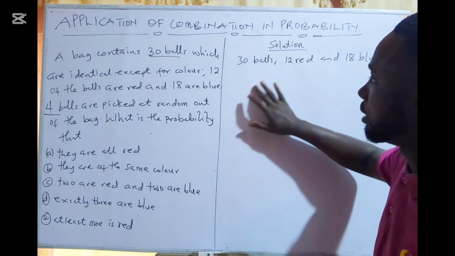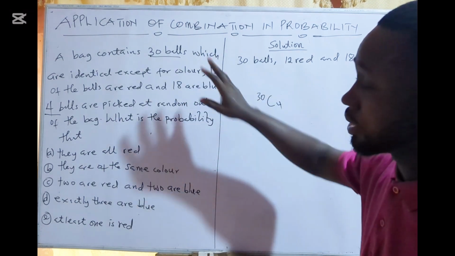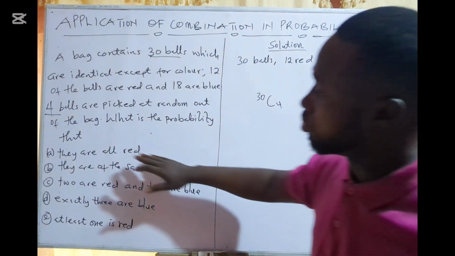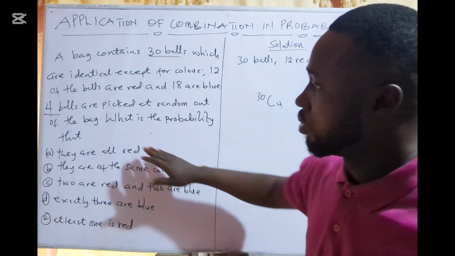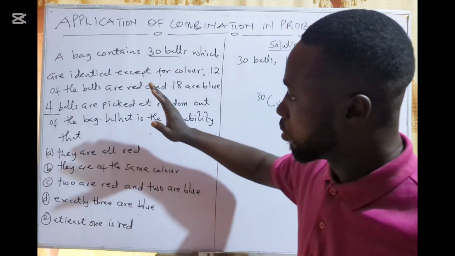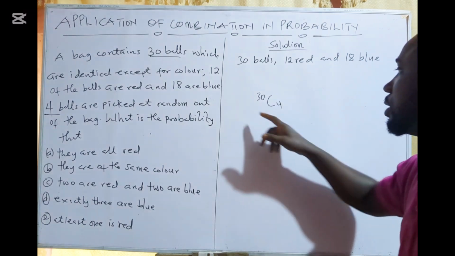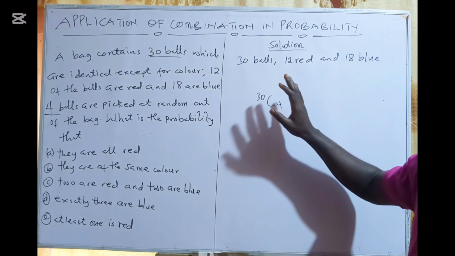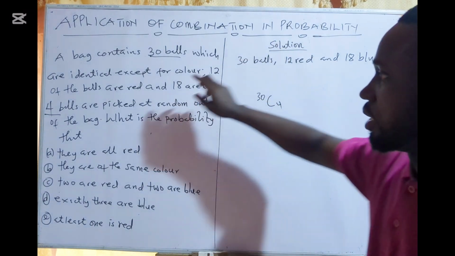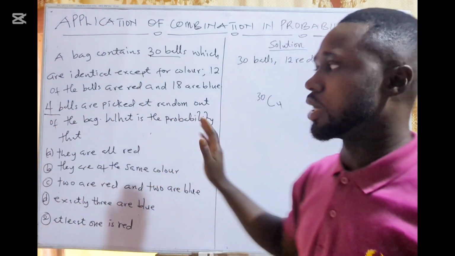So this is the totality of the selection we can have. In any question we solve, we go by what the question demands, then divide by 30 combination 4, because that is the total. I believe that is clear.